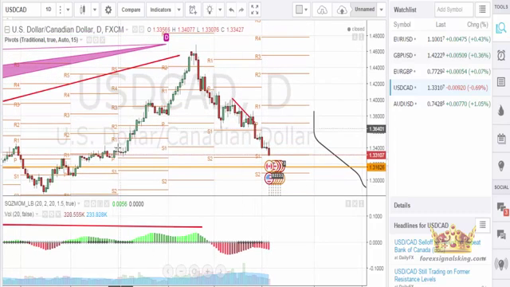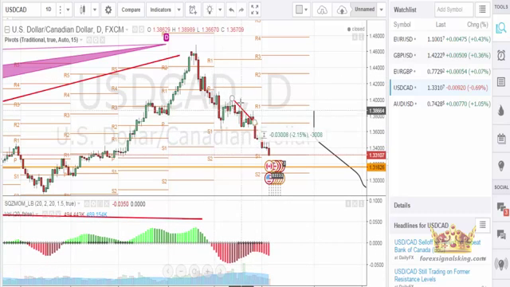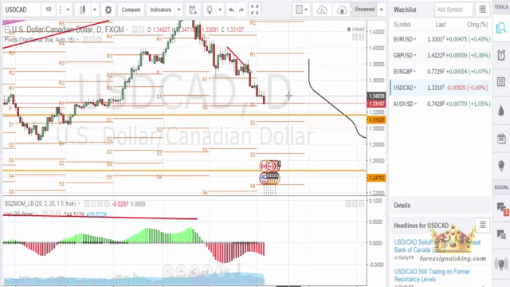Also you can see that there is a head and shoulders. The left shoulder, the head, and the right shoulder have been formed on the daily time frame, and the result was extremely downtrend, extremely down going. Anyway, we were expecting this area.